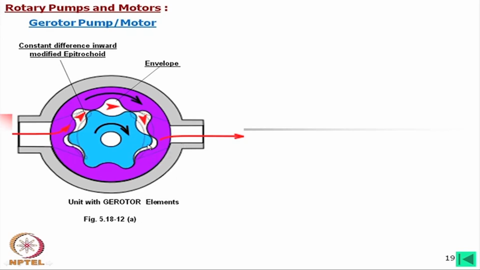Now, one thing: if we look at this profile, these profiles are epitrochoid, whereas the outer member is the envelope of this modified epitrochoid, and at the active zone these are circular arcs.